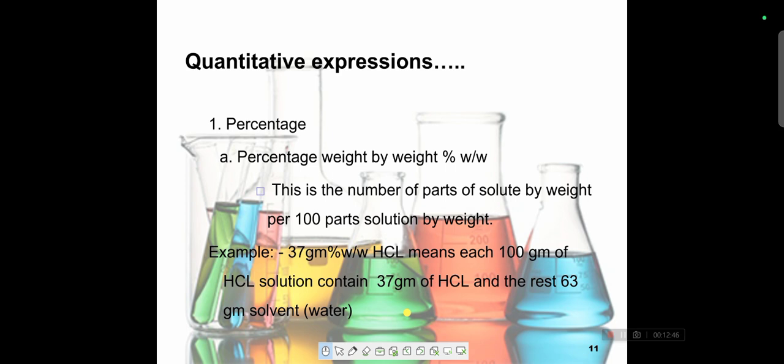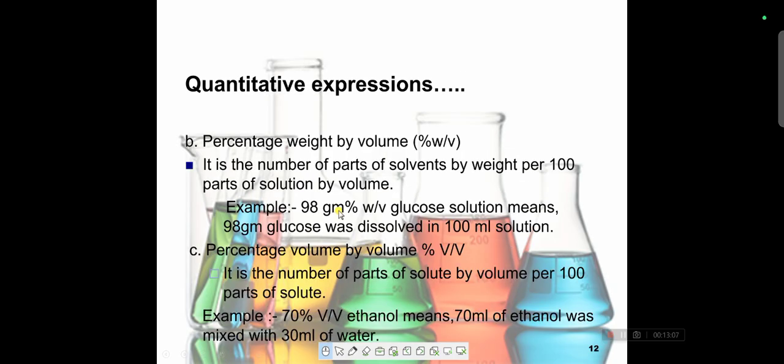So when you have to make the weight by weight percentage, the weight that is given is the weight of the solute and the rest, 100 minus that weight, is the solvent. So this is the calculation of weight by weight percentage.